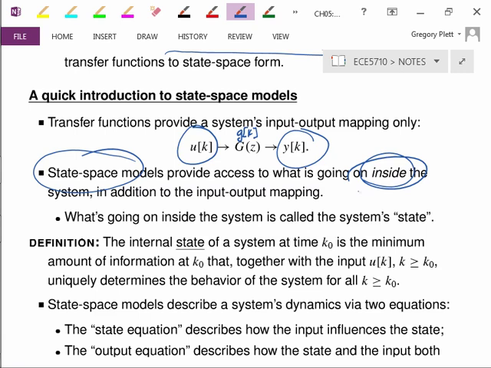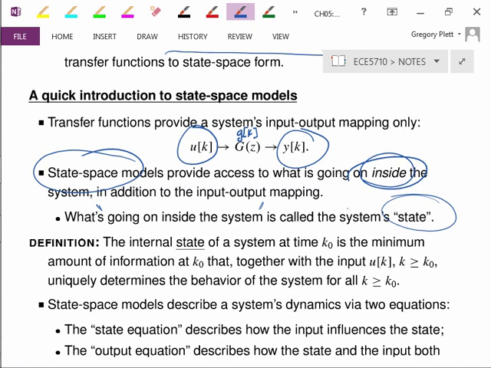What's going on inside the system is a loose way to talk about something that we can talk about a little more formally as the state of a system. And a state is an abstract quantity. It doesn't have only one definition for any particular system. There are many ways, as we'll see, to represent the state of a system.